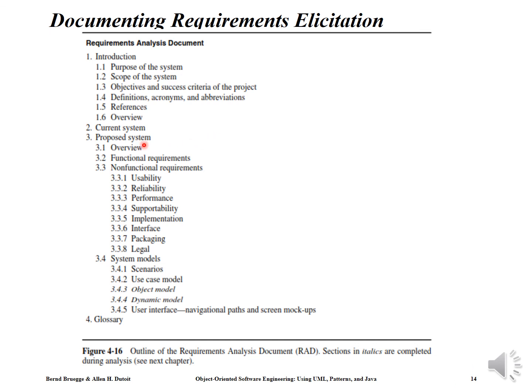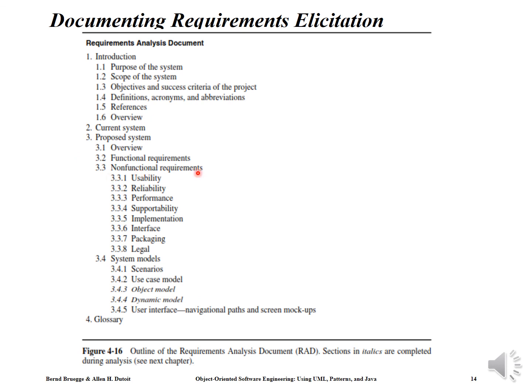Then the proposed system. It documents the requirement elicitation and the analysis model of the new system. It is divided into 4 sections. First is the overview. It presents a functional overview on the whole, what the functional requirements are.